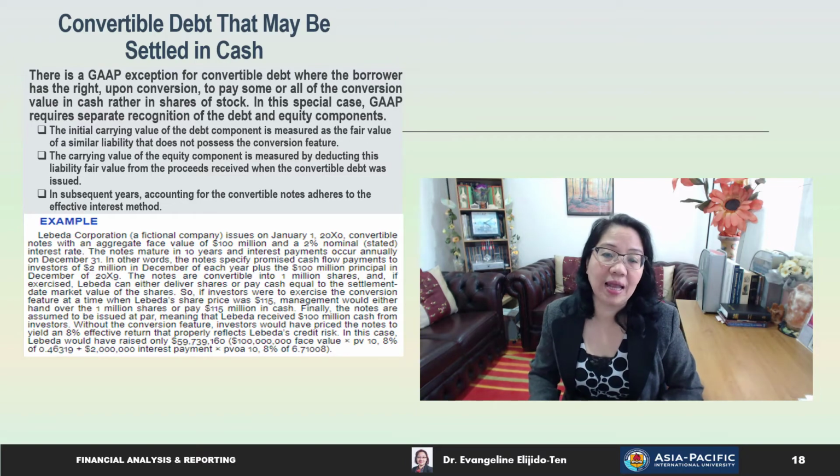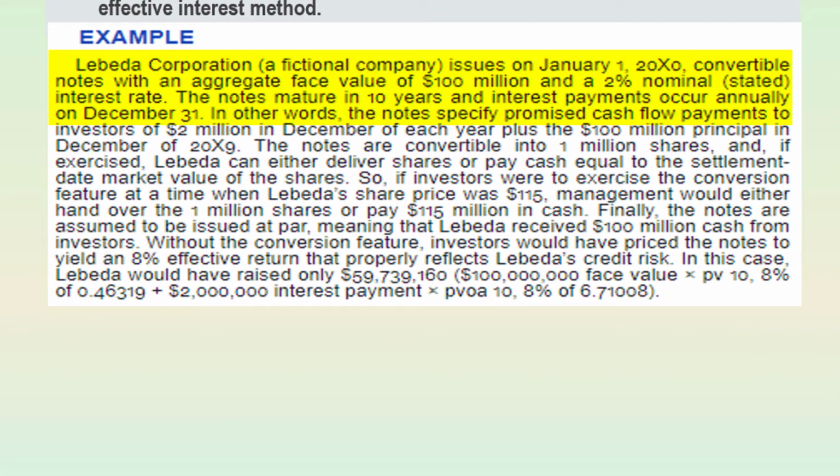So let's look at this example. Lebeda Corporation issues on January 1st, 20X0, convertible notes with an aggregate face value of $100 million and a 2% nominal interest rate. The notes mature in 10 years and interest payments occur annually on December 31st.